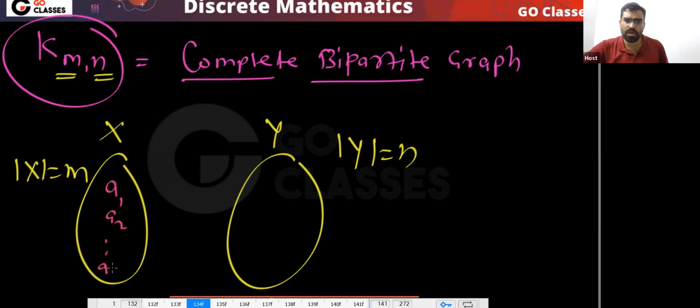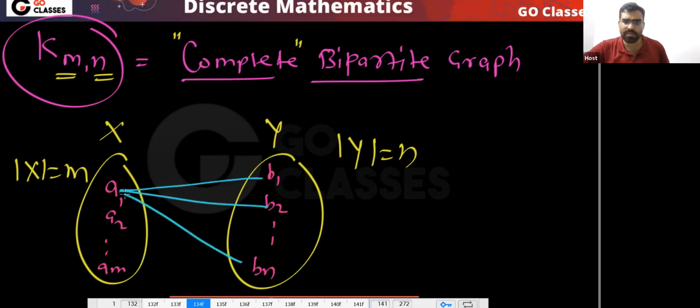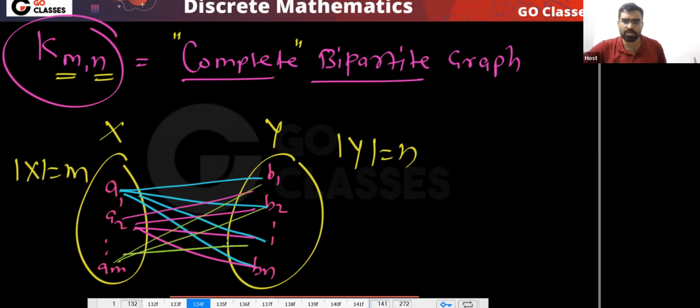So for example, if you have M vertices here and N vertices here, then because this is complete, every vertex here is adjacent to every vertex here. Similarly, every vertex here will be adjacent to every vertex here. So this is the idea: every vertex in this part will be adjacent to every vertex in this part.